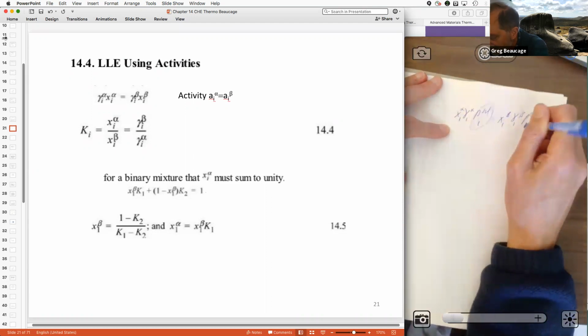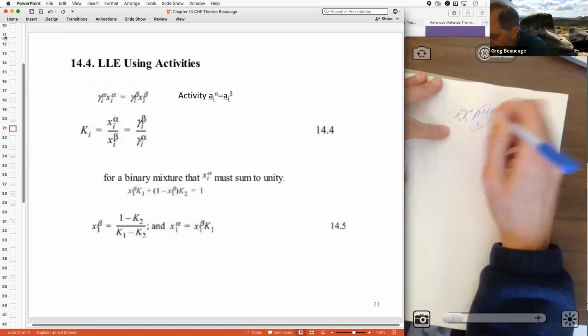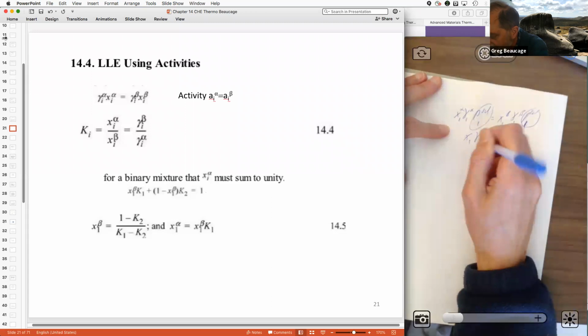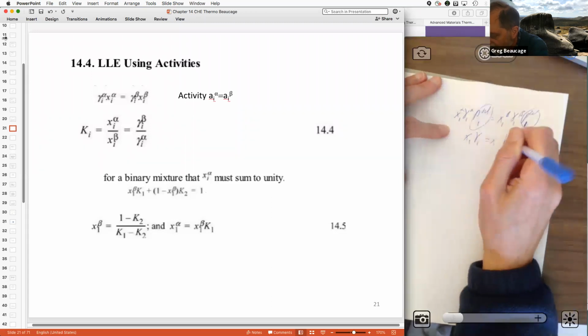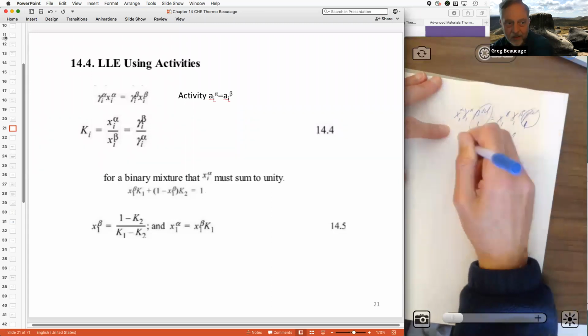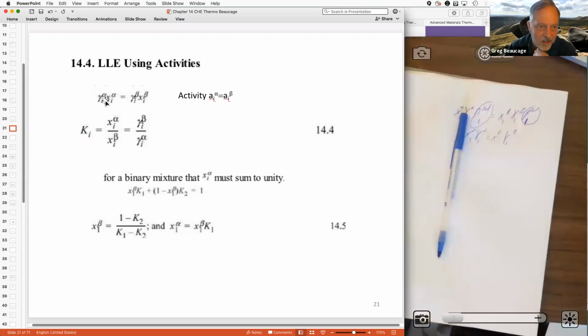So the P1s are the same. So you just end up with X1 gamma 1 alpha equals X1 gamma 1 beta. Right, so this business here, X times gamma, is the activity. So the activities are equal in the two phases.